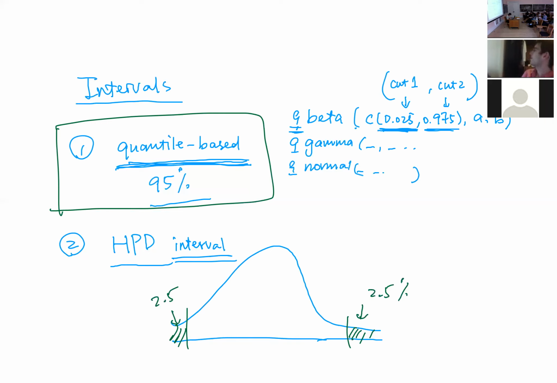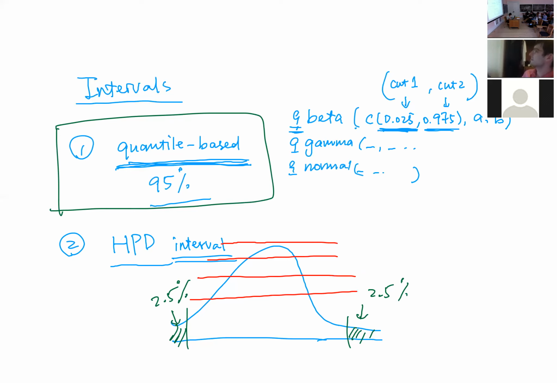So for HPD, it's different, because what we want is to return the most likely posterior values, which have the highest posterior density, right? So the way that we came up with this, intuitively, is you have a cutoff, like a line over there, and just keep moving down, because this is the density, so you know that everything above the line has probability larger than the ones below it.